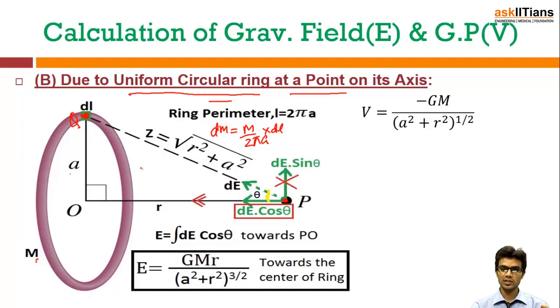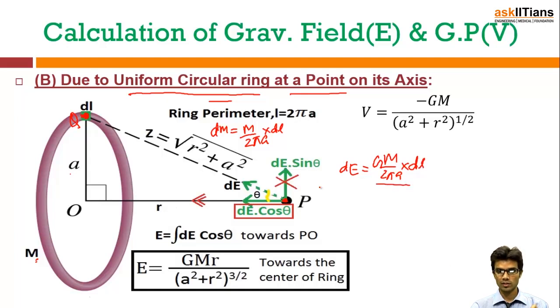So dE can be calculated as dE is equal to G dm by r square, where dm is the mass of this small particle, m by 2 pi a into dl.